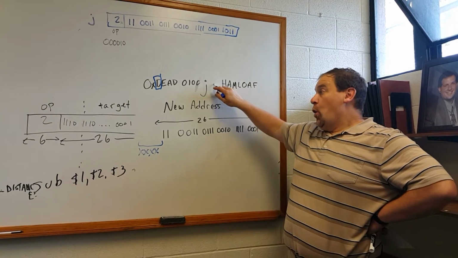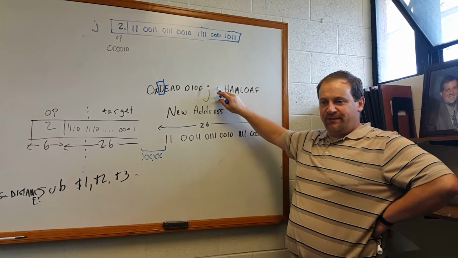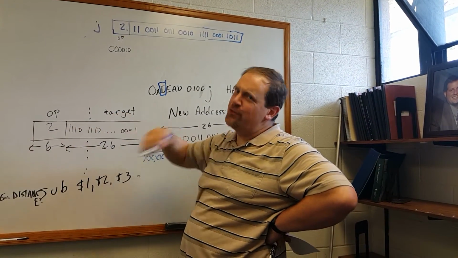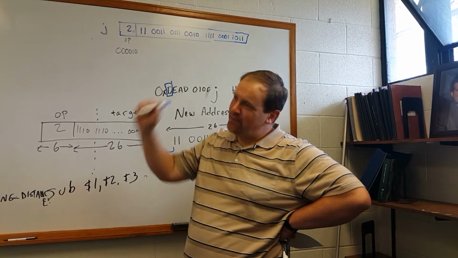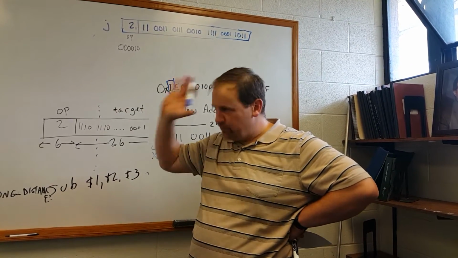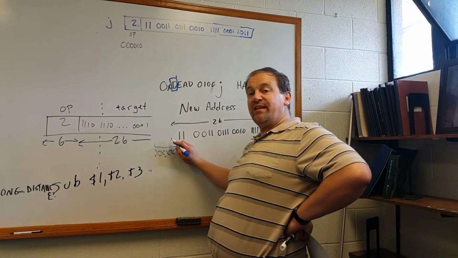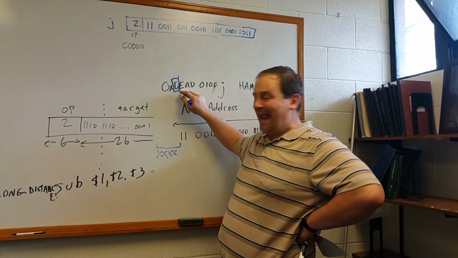Now, you say, why can't I just tell the full 32 bits of the instruction? Well, it's because we only have 26 bits in the opcode. There is a different instruction that we're not talking about that allows you to jump to an address from a register. It's called JR. We're not dealing with this. We're only dealing with the jump. So these 4 bits come from wherever the jump originates.